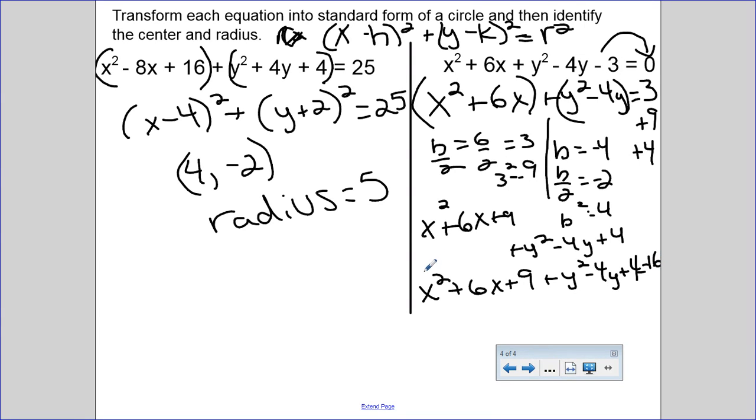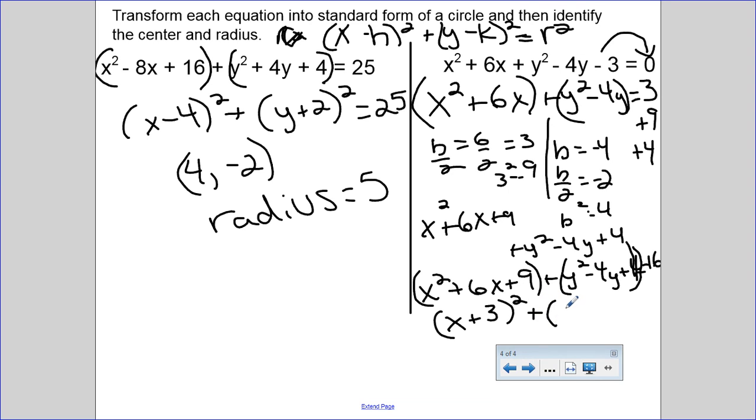All right, now factor this. Now it's a perfect square. That's why we did it. Now we can get it into standard form. Factor it. All right, so this is going to be (x plus 3) squared. Again, it's one of our special trinomials that we can factor. If you forget, factors of 9 that have a sum of 6.